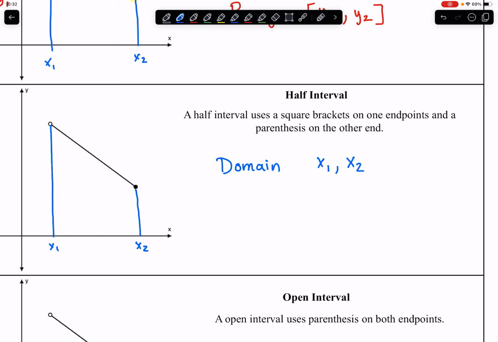Now, because x1 has an open circle, that means that x1 is not included in the domain, so we use a parenthesis to indicate that. And x2, because it is closed, means that one is included, so we use a square bracket to indicate that. This is referred to as a half interval, and it makes sense because half of the interval is open and the other half is closed, so that's why this is referred to as a half interval. Now our range, let's look at our range.